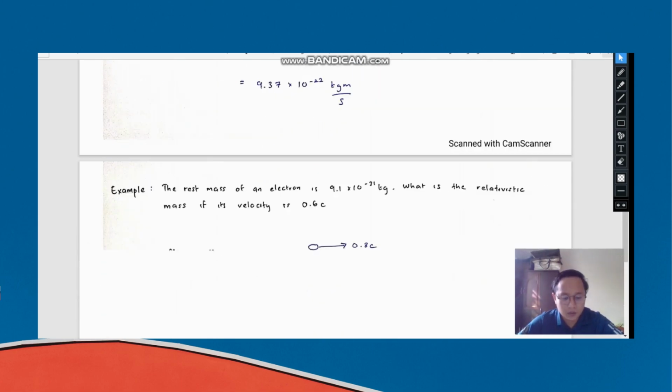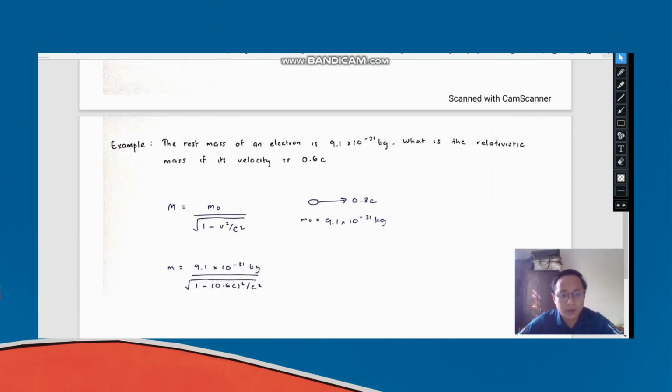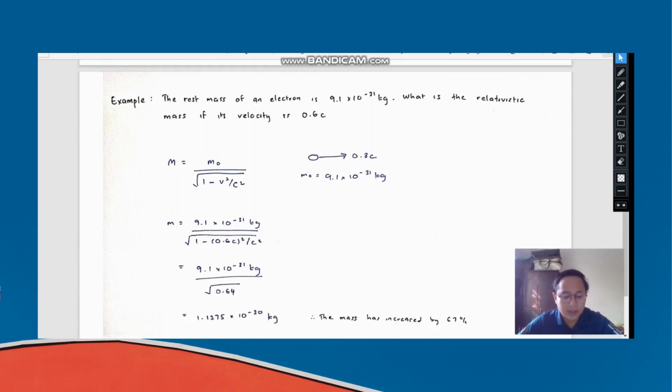Lastly, we go to another example question that relates to relativistic momentum. The rest mass of an electron is 9.1 times 10 to the power negative 31 kilograms. What is the relativistic mass if its velocity is 0.6 of the speed of light?